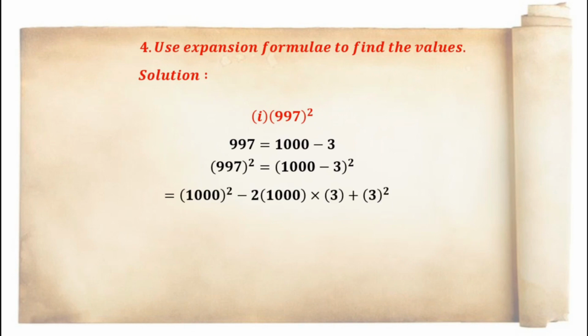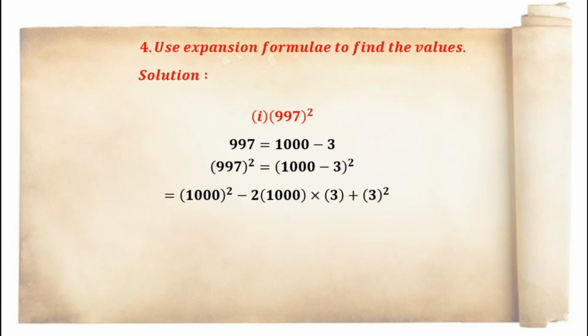So after putting it into the formula, we get 1000 square minus 2 into (1000 into 3) plus 3 raised to 2. So 1000 into 3 will be 3000, and 3 raised to 2 means 9. 3000 into 2 will be 6000, and 1000 square will be 10 lakhs.